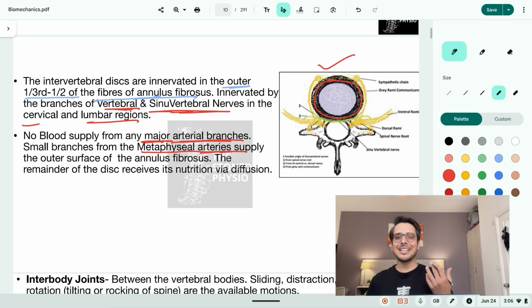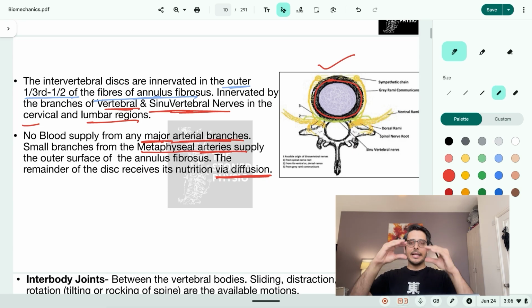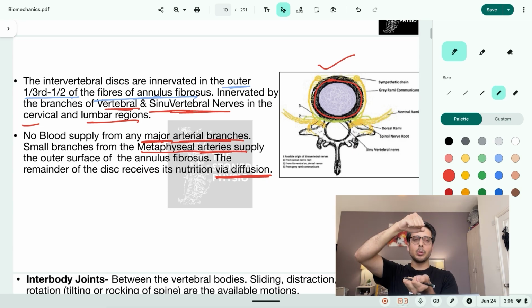So how does it get its nutrition? The main thing that helps an intervertebral disc to get its nutrition is the process of diffusion. Now the thing is, it's a soft cushion structure, right? And that's present between two vertebrae.